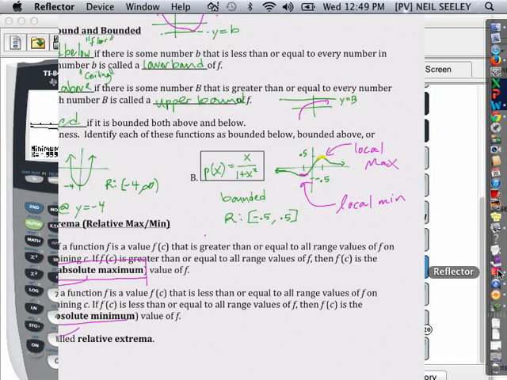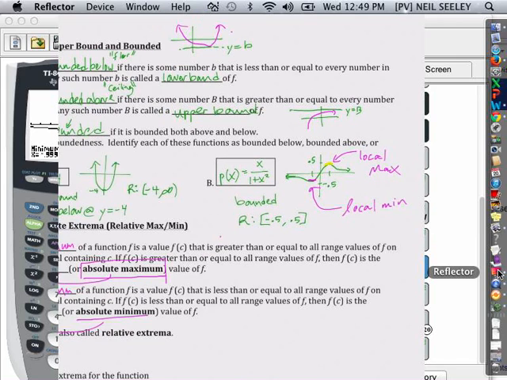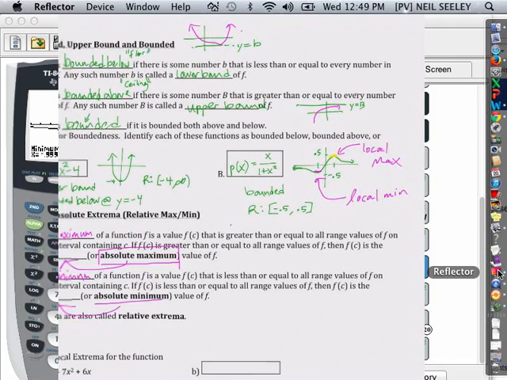Coincidentally, in that graph, those are also the absolute max and the absolute min. They can be both. So I'm actually going to put both on this one because it's the highest overall point too. So you can get little in-between points. Local max and min mean little peaks and valleys. Sometimes those peaks and valleys are the highest absolute and the lowest absolute point throughout. So local and absolute max, and this is a local and absolute min.